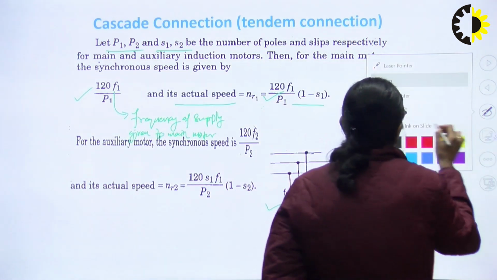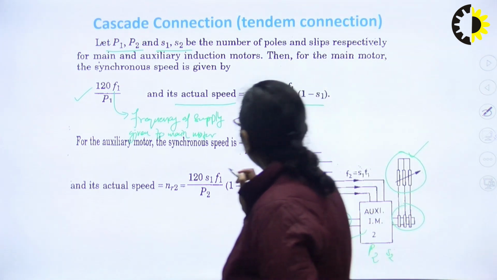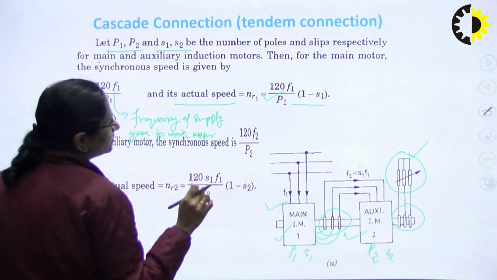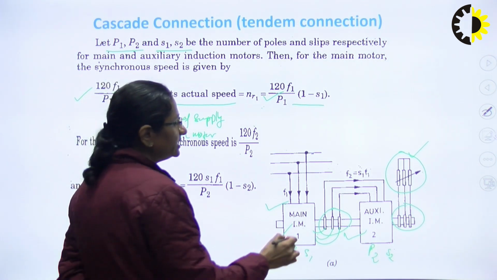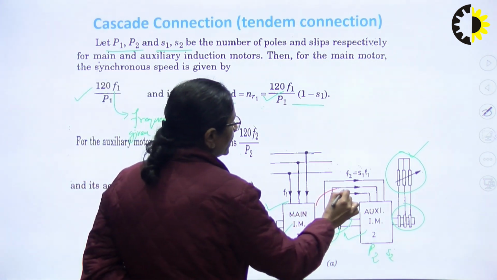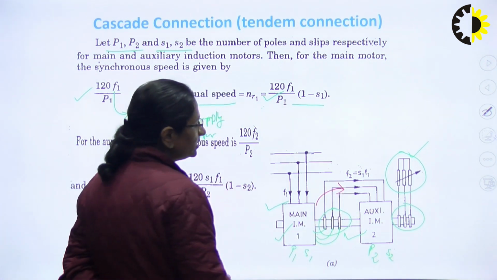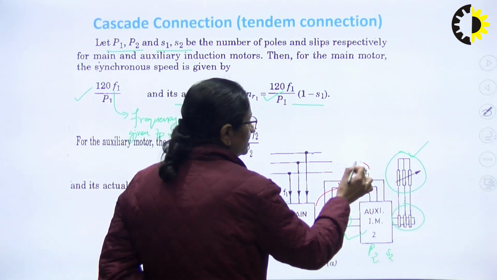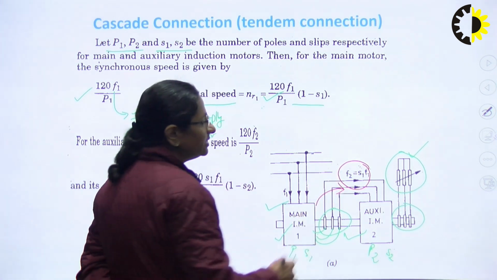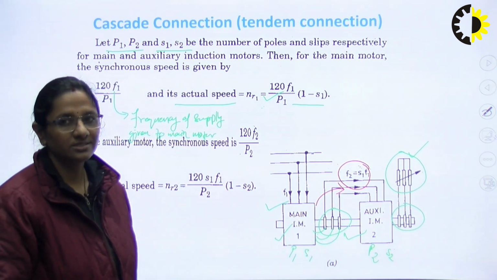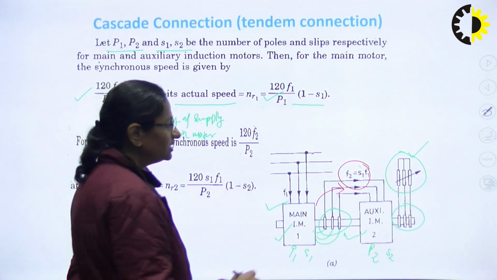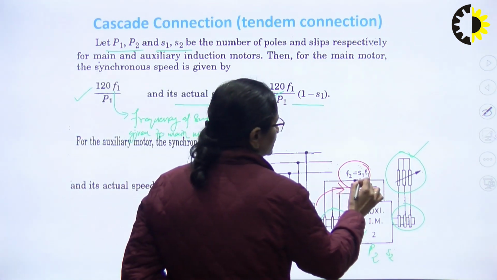Now, let us talk about the auxiliary motor. What supply is the auxiliary motor getting? The auxiliary motor is getting the rotor supply of the main motor. What about the operating frequency of the supply given to the auxiliary motor? It is the rotor frequency of the first motor. The operating slip of the first motor is S1.